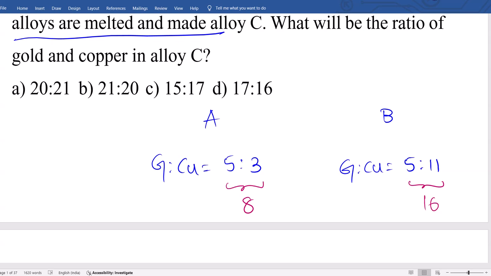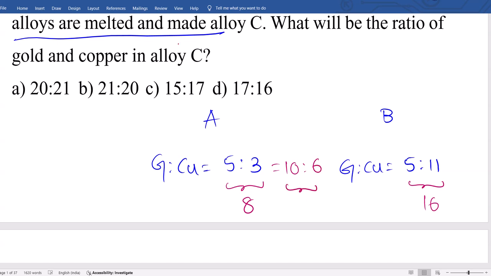No. In fact, you can take A equal to 16 grams and B equal to 16 grams. You have to take both equal. You can assume some value for both A and B, or whatever values are available, you make them equal. 8 and 16 are not equal. I can double the first one.